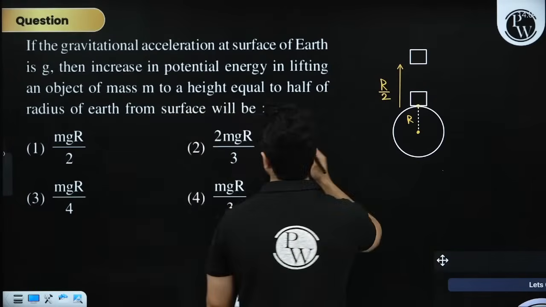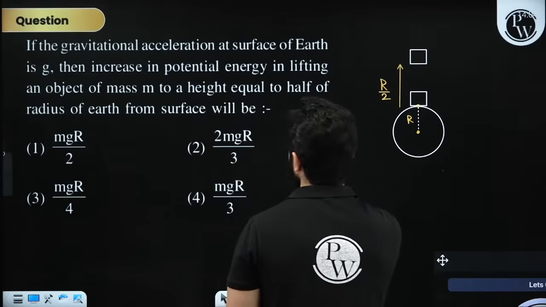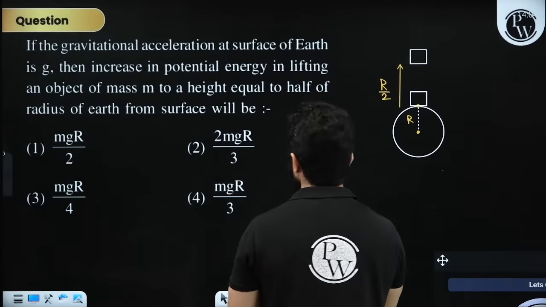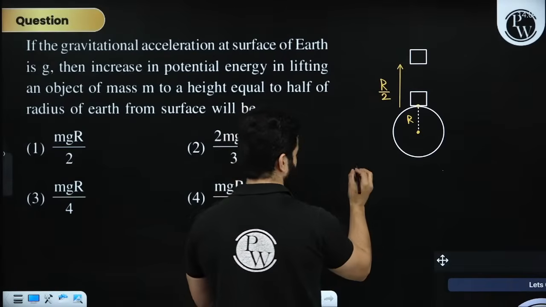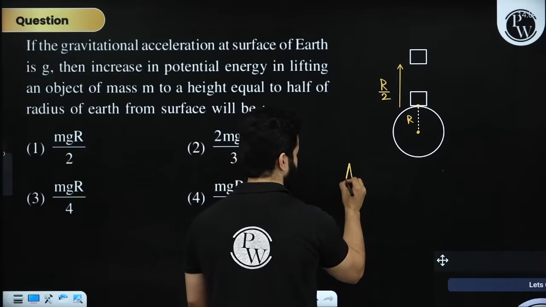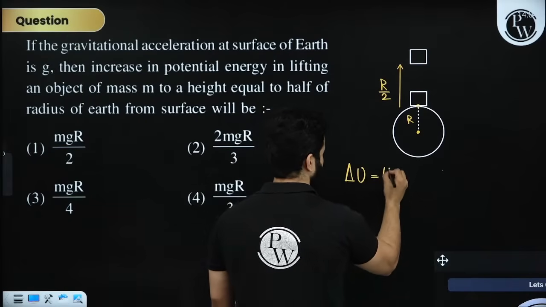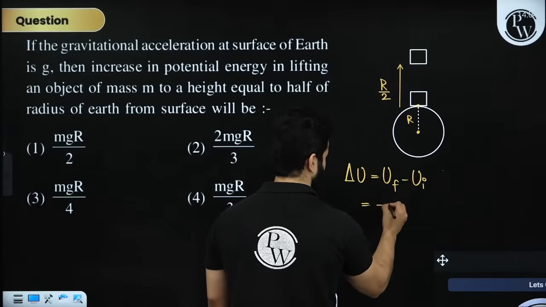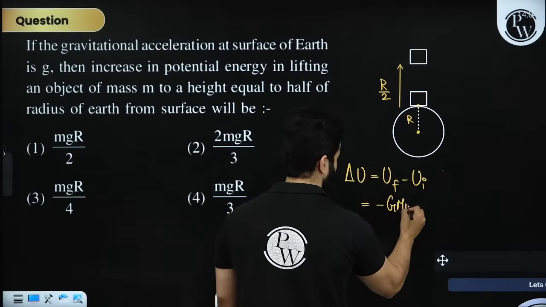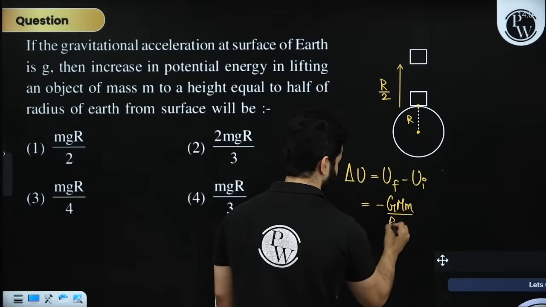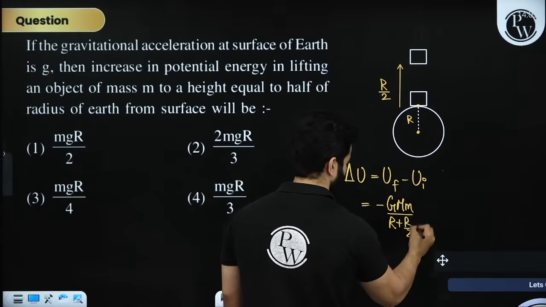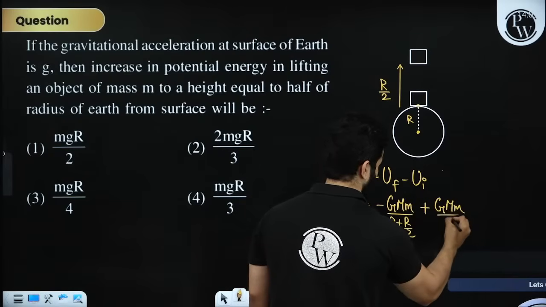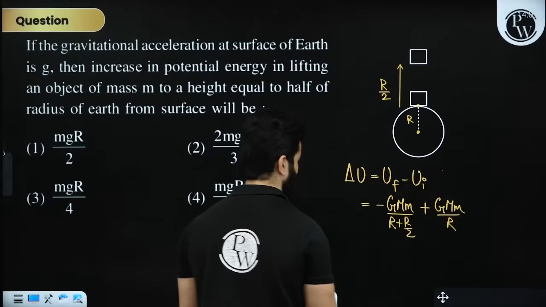So friends, they are saying increase in potential energy in lifting an object. They are only talking about the increase in potential energy. That means delta U will be U final minus U initial. So U final is minus GMm upon R plus R by 2, and then plus GMm upon R. So you only have to solve this.